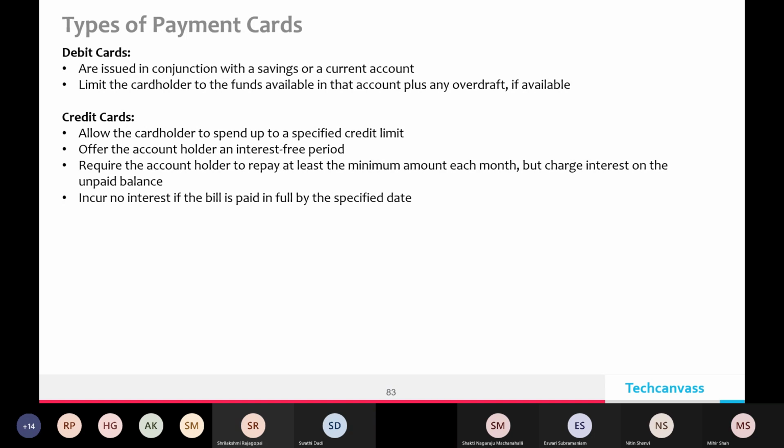So all these things the cards will do. So how do the credit card or debit card offering companies generate income?